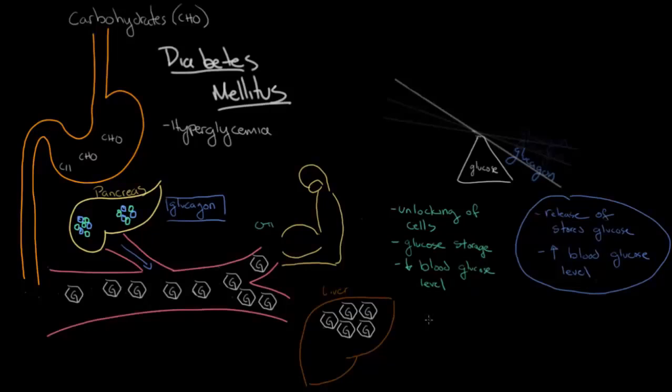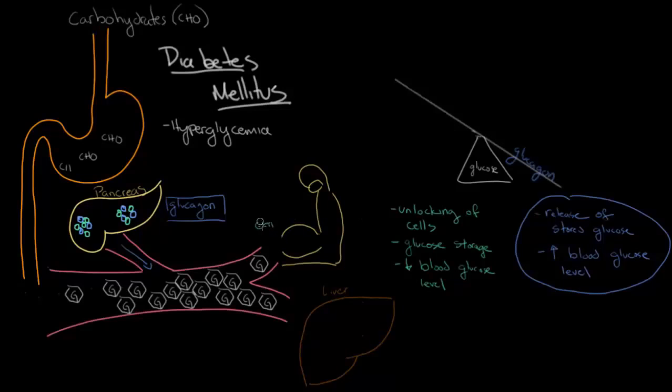And this is because the glucagon is causing the glucose from the liver to be released. And since insulin isn't functioning properly, this key effect here also isn't working. So the cells aren't able to get all of this glucose that is in the blood. So despite having all of this energy present in the blood, the cells aren't able to use it.